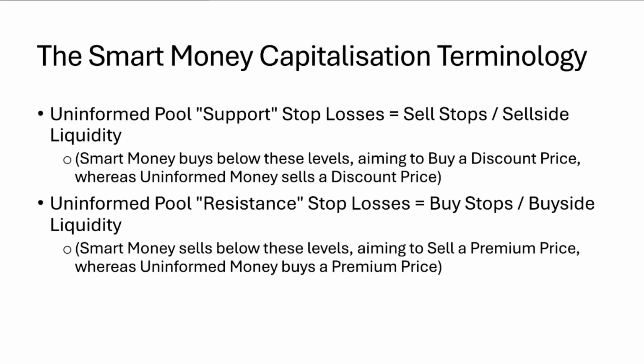The smart money capitalization terminology. The uninformed pool support stop losses, they are named sell stops or sell side liquidity, where smart money buys below these levels, aiming to buy at a discount price, whereas uninformed money sells at a discount price.